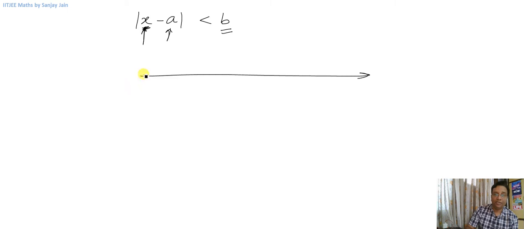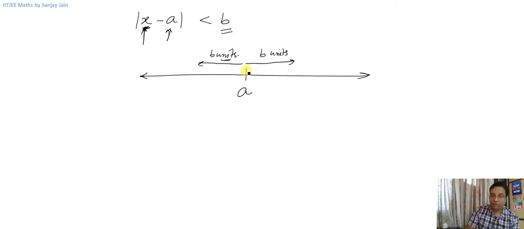Next thing that we learned was, let us say mod of x minus a is less than b. So how to interpret it geometrically? I need a real number x which is at a distance of less than b units from this number a. So to visualize it, let me say that this is the number a, and I will go b units to the right hand side and to the left hand side.